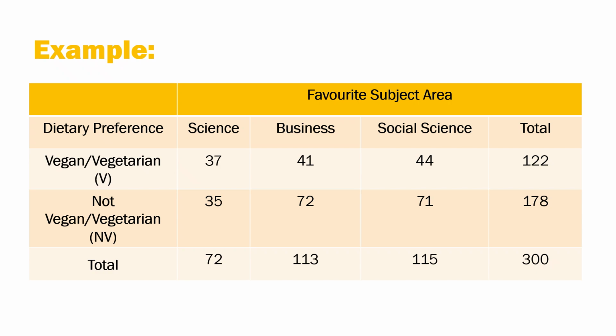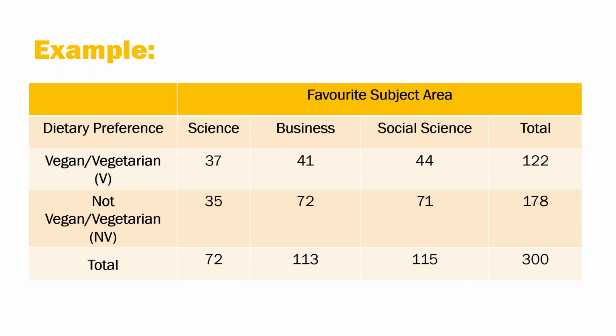And what we were able to form was a contingency table that shows the frequencies found for these categories. So the question is, does this sample present sufficient evidence to reject the null hypothesis that preference of subject area is independent of the dietary preference of an MHC college student? We're going to do the hypothesis test at the 0.05 level.